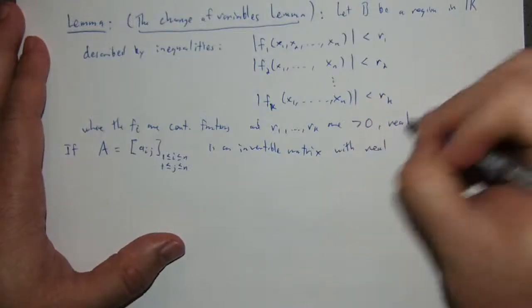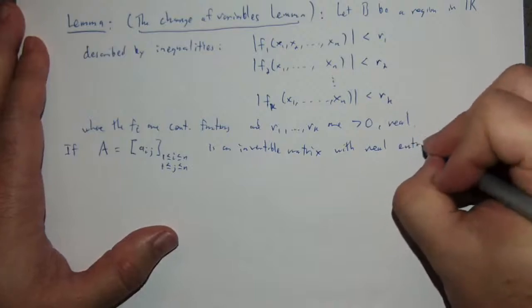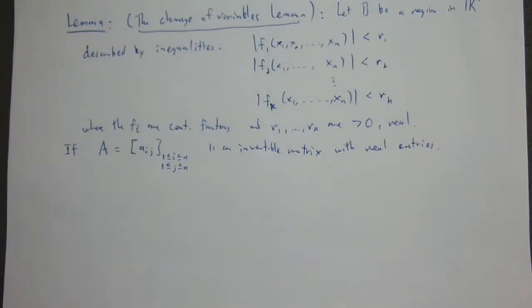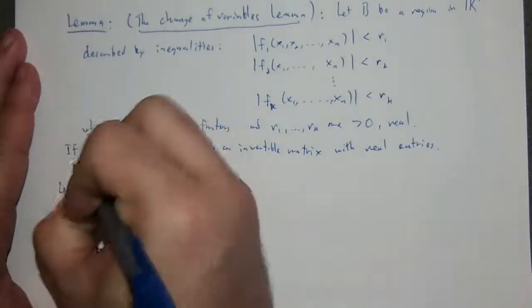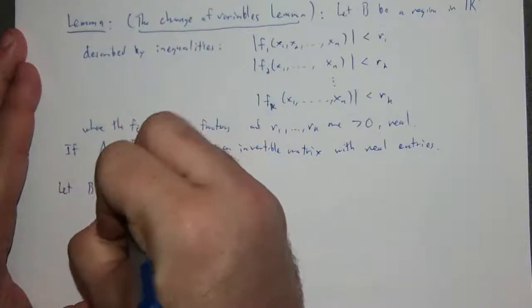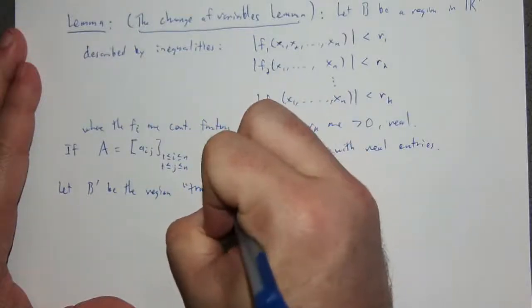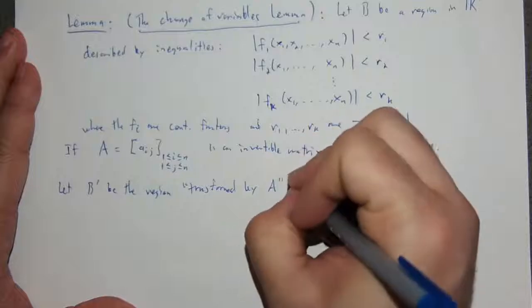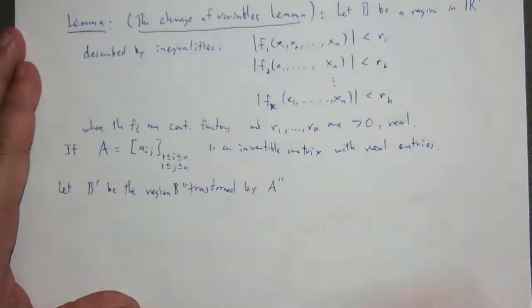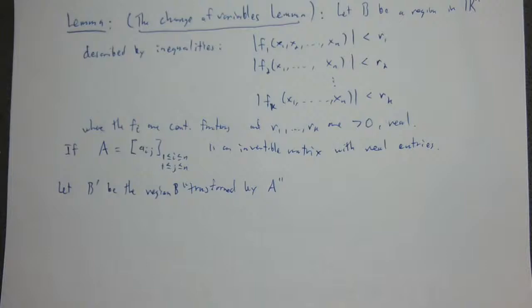If it's not invertible, that means its determinant is 0, and if its determinant is 0, you will see why that becomes an issue. You will see what such transformations would do to a region if you think about taking a region and transforming it by some matrix transformation. Okay, so let B prime be the region B transformed by A.